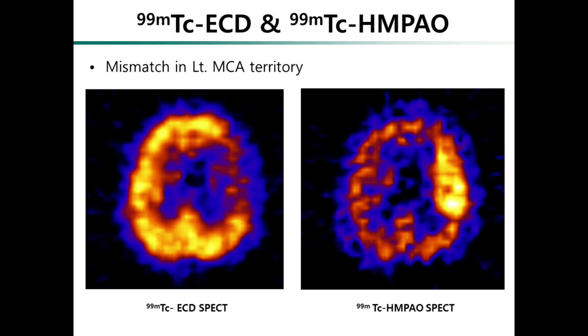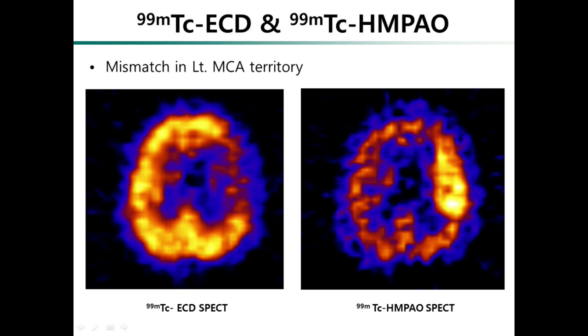If the receptor-binding molecule is dangled with a huge molecule, then the receptor affinity goes down. So many radiochemists have tried to make a receptor imaging agent with technetium-99m, but except for one, everyone failed.